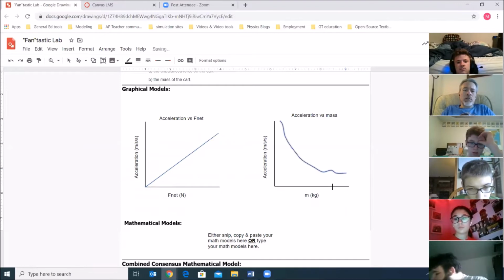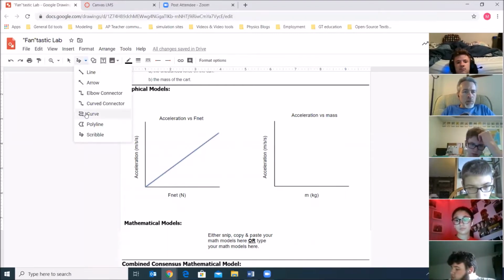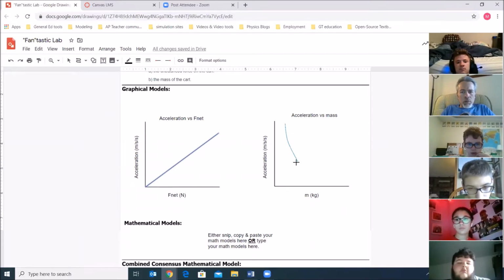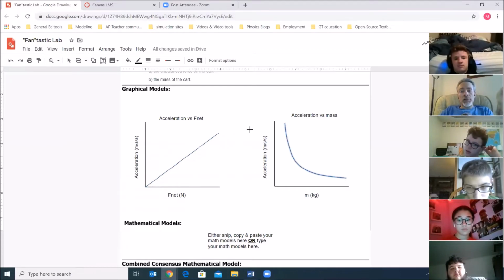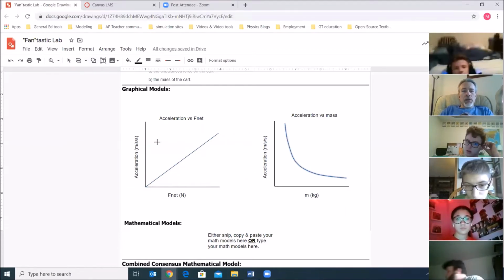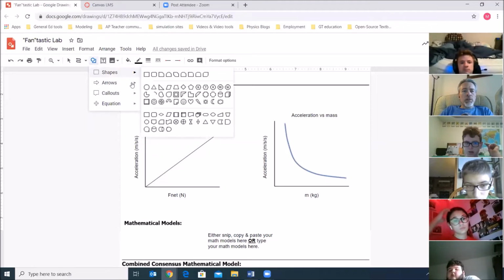Yeah, that's not very good. Let's see if I can do a better job. So there's my sketch, or if you want to copy and paste it, make sure that you put the title down. Notice I've got all these things in here.